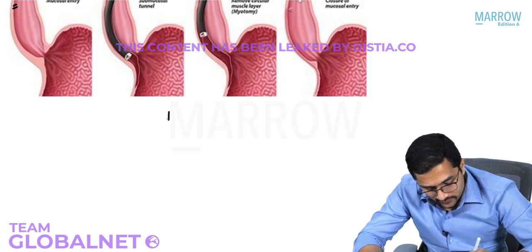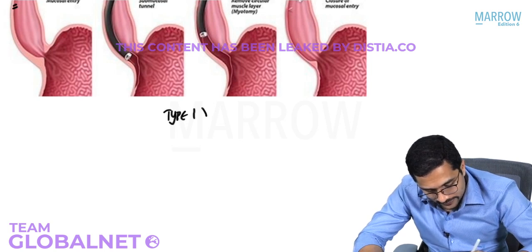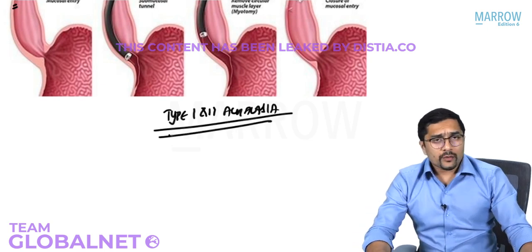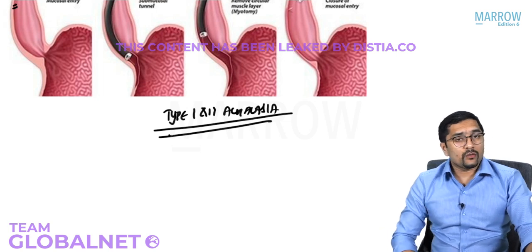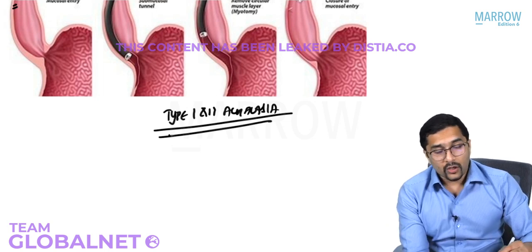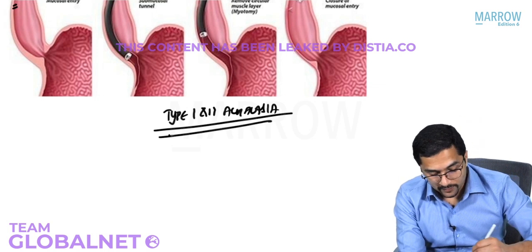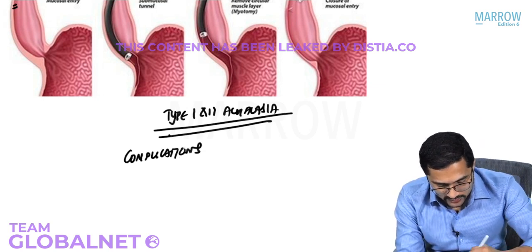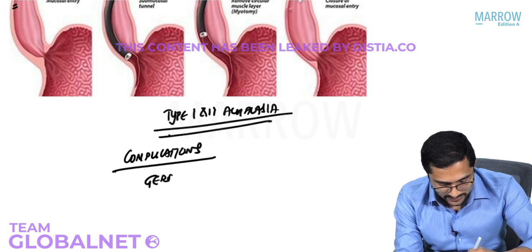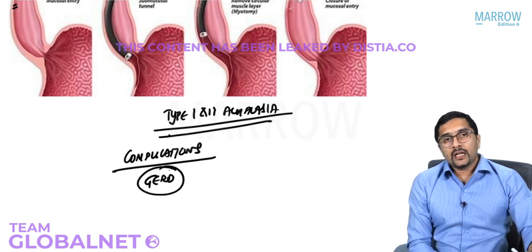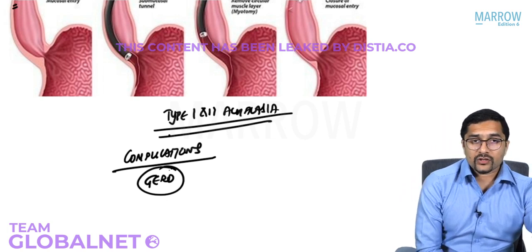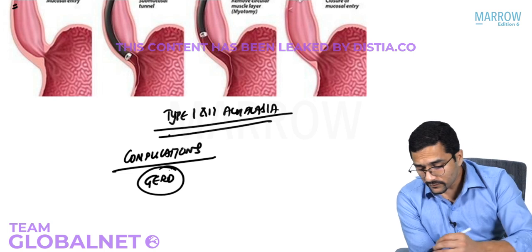POEM is generally used for type 1 and type 2 achalasia. It can also be used for type 3 achalasia who fail on medical management, but predominantly for type 1 and type 2. Of course, a complication of POEM is also GERD, because we cannot perform any anti-reflux procedure here and we are cutting the muscle, so patients will land up with gastroesophageal reflux disease.